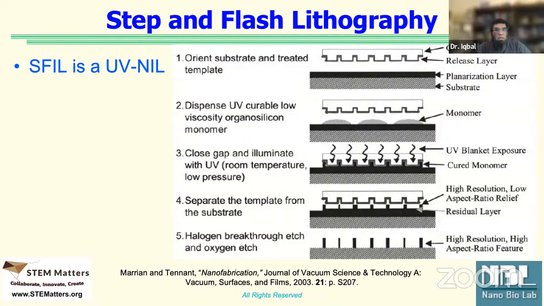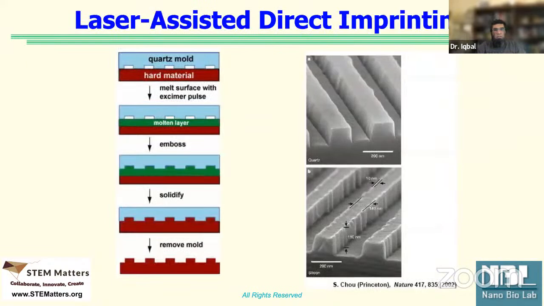This is where once the mold presses down and the design is made, we apply UV, which would cure the monomer, the polymer molecules, harden them, and then you can just remove the mold from the substrate, right?